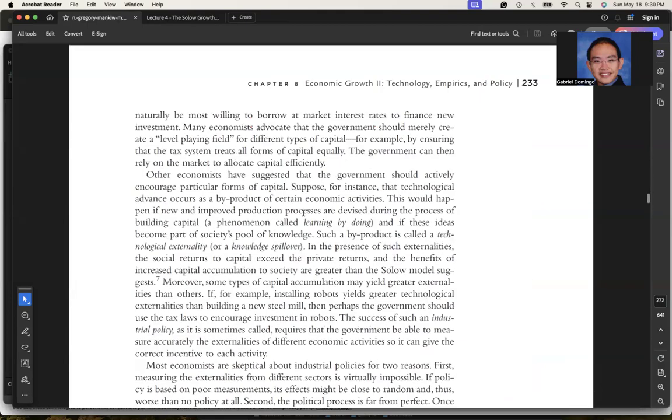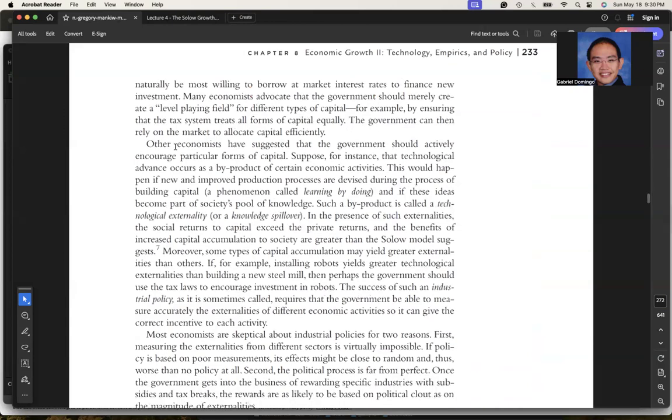Another concept here is that we should invest in particular forms of capital that have positive externalities. If new and improved production processes are devised during the process of building capital, a phenomenon called learning by doing, such a byproduct of these ideas is called a technological externality or a knowledge spillover, right? So in the presence of such externalities, the social returns to capital exceed the private returns.